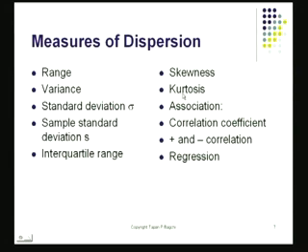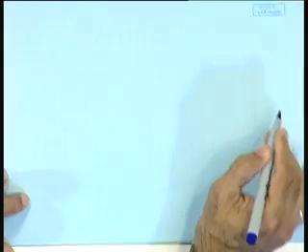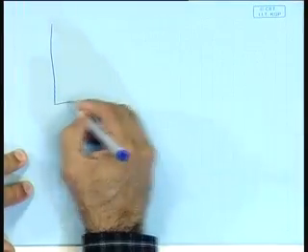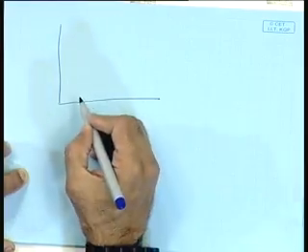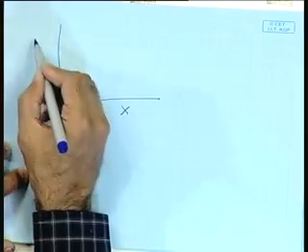Now it's very possible, many times what happens, you have data, and the data basically can be plotted. There may be two variables for which I have collected data, and my data can be put on a scatter diagram. And the scatter diagram goes like this. This is x and this is y.